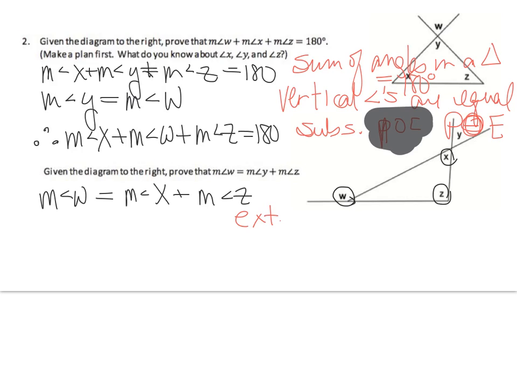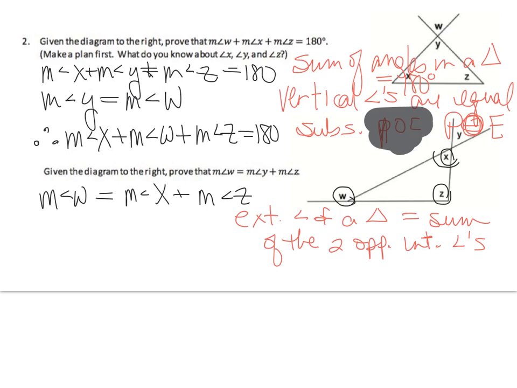The exterior angle of a triangle equals the sum of the two opposite interior angles. Cool. We also know that these two angles are equal.